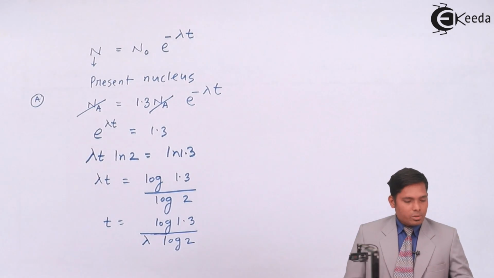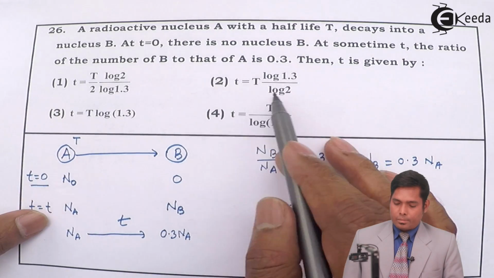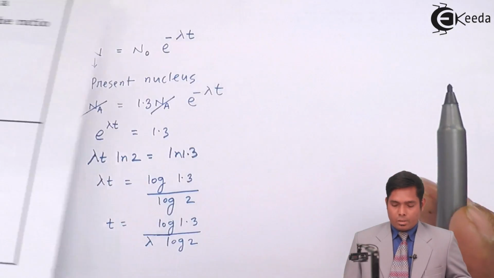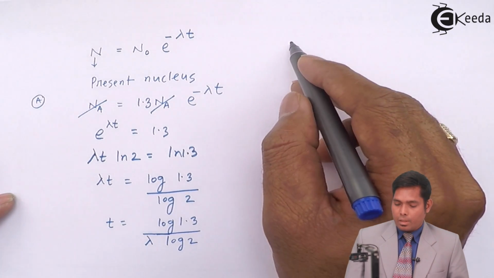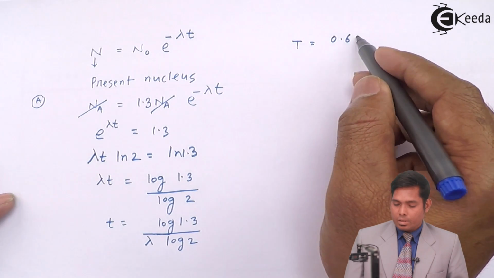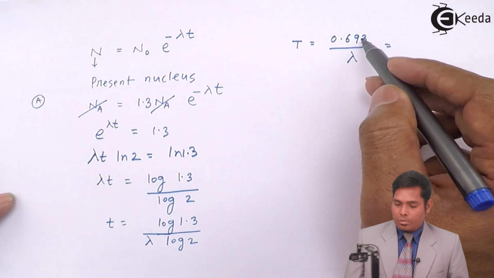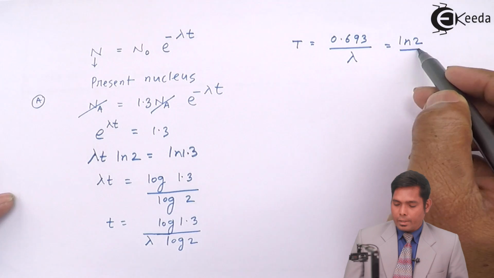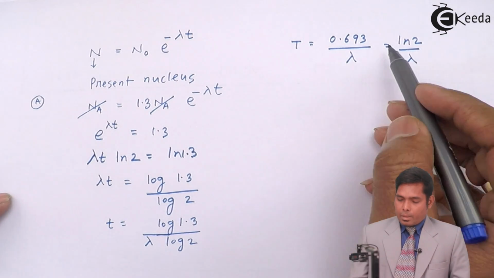But if you see the options, there is no lambda here. So you have to write it in terms of T. We know that the half-life is 0.693 divided by lambda. This is actually log 2 by lambda.